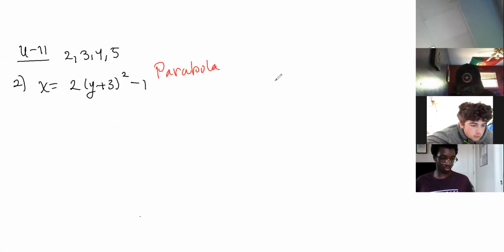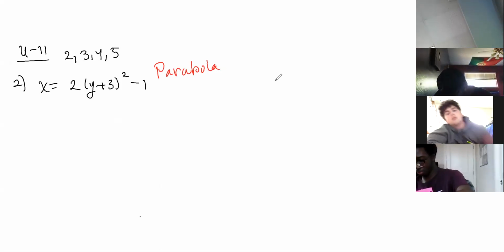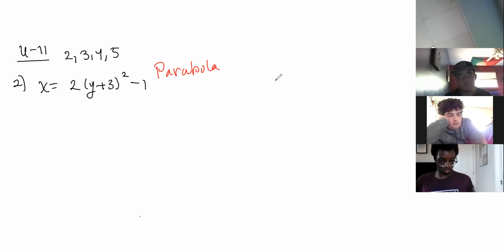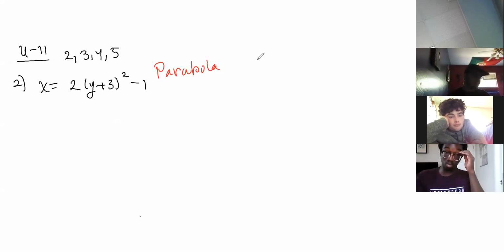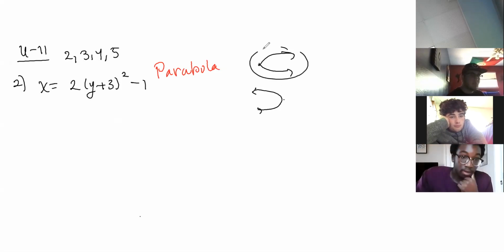Because it's the y squared and not x squared, which type of parabola is it? The traditional one that opens up or down, or is it one of the ones that opens sideways? Sideways. Because it's positive 2, is it opening to the right or to the left? Right. It's opening to the right.